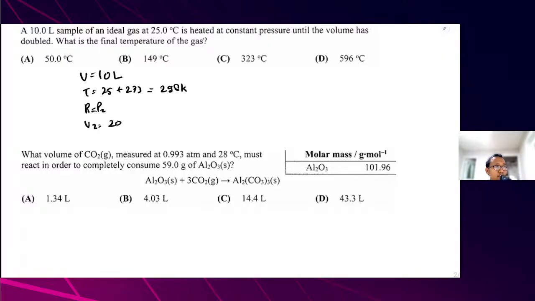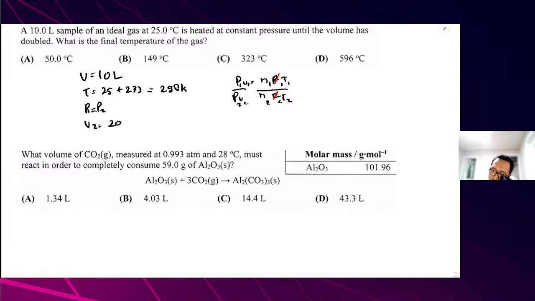So what we can use here is Charles's law, since the pressure is constant. I think we still use the same concept, PV equals nRT, where this is 1 and this one is 2. We don't care about the R, we can cancel it out.